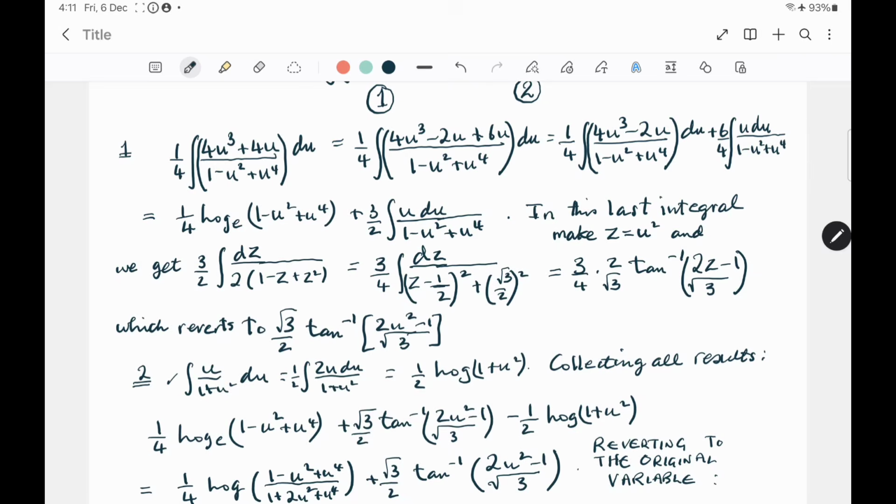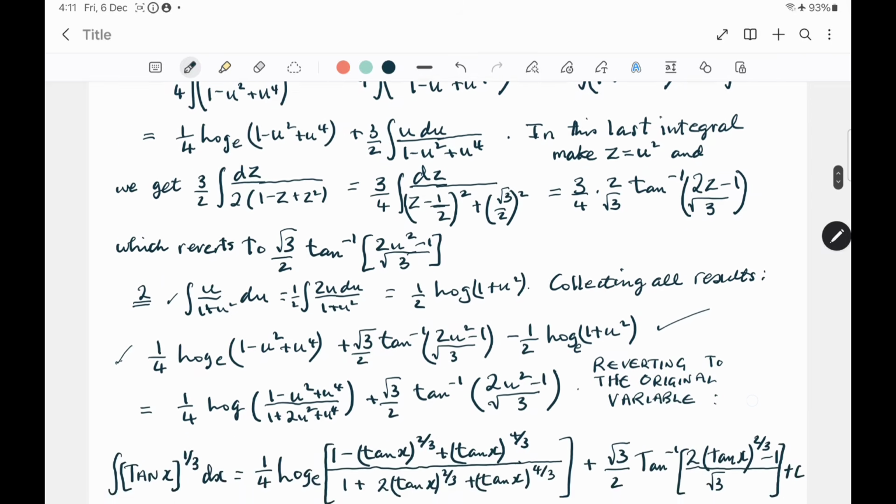Collecting all our results, we come down to this line here, which is 1/4 log to base e of 1 minus u squared plus u to the 4th, plus square root of 3 over 2 inverse tan of 2u squared minus 1 over square root of 3, and minus log to base e of 1 plus u squared. So that takes us that far.